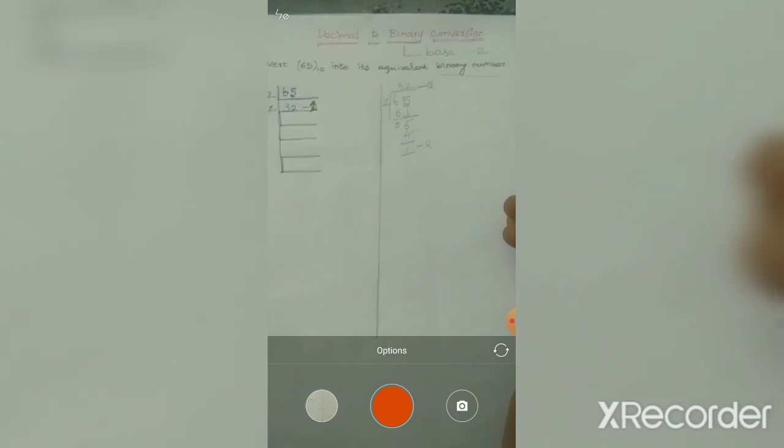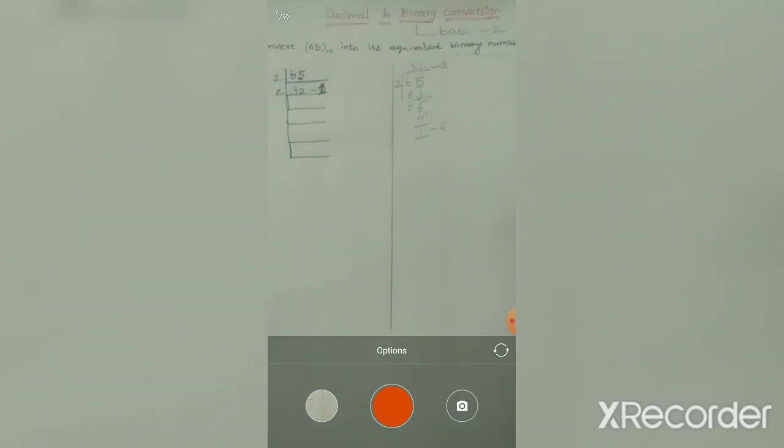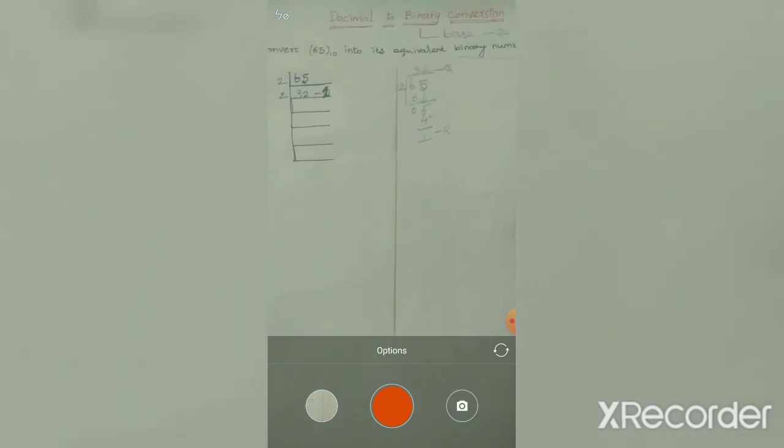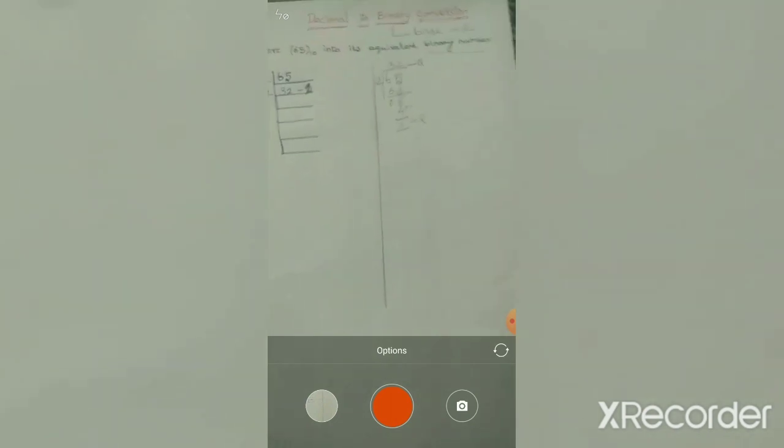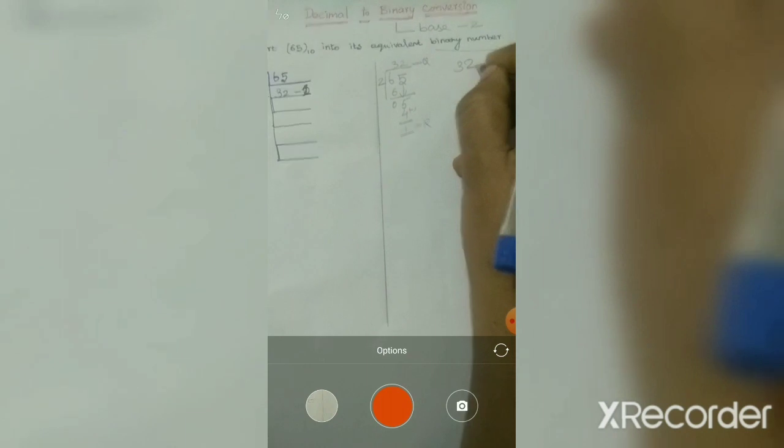The remainder values give the binary equivalent of the decimal. Next, 32 divided by 2.